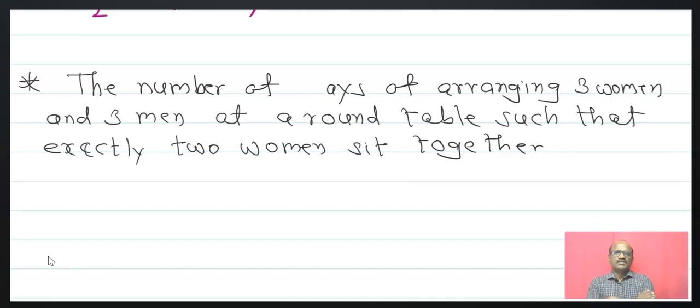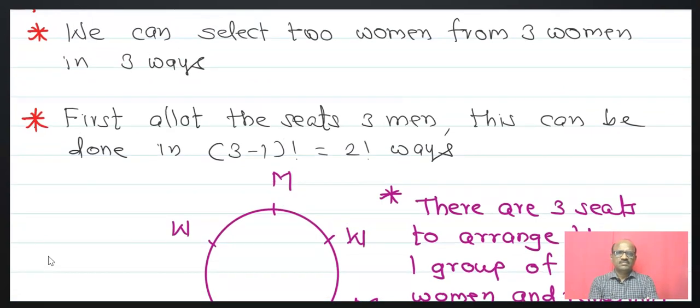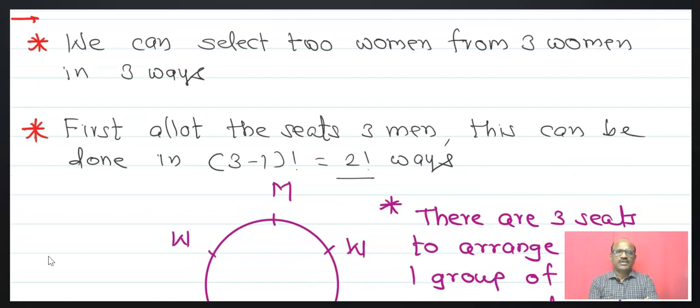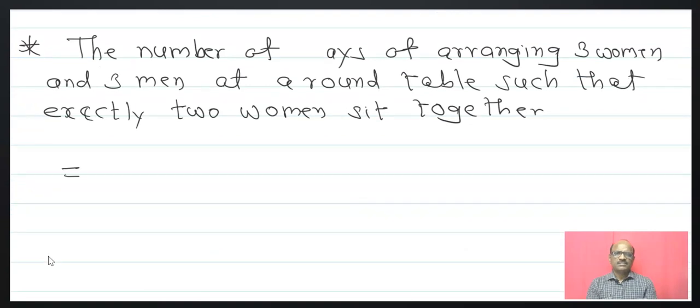Therefore, the number of ways for the men is 2 factorial, and next is 3p2 into 2 factorial. That is equals to 3 into 2 factorial into 3p2 into 2 factorial.